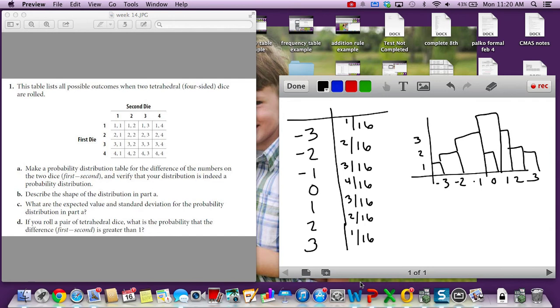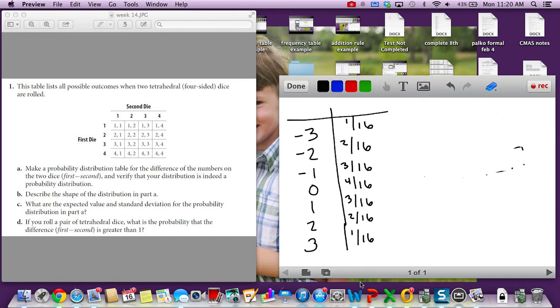Okay, then what are the expected value and the standard deviation? So if I look here at my notes, to find the expected value from a probability distribution, we take our x multiplied by our probability and then we add all those together.